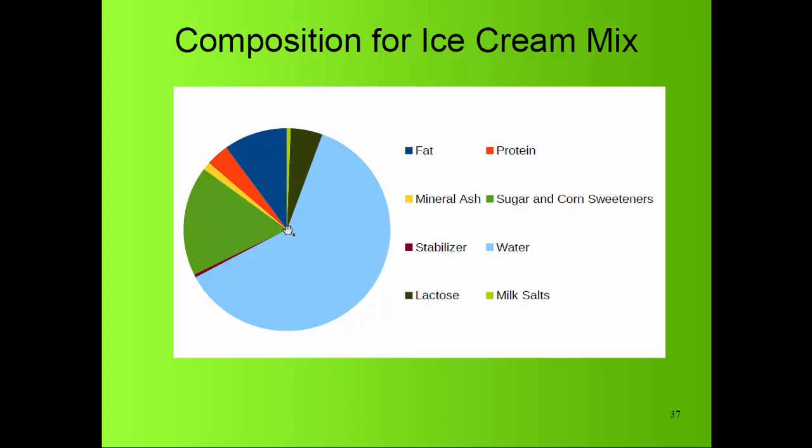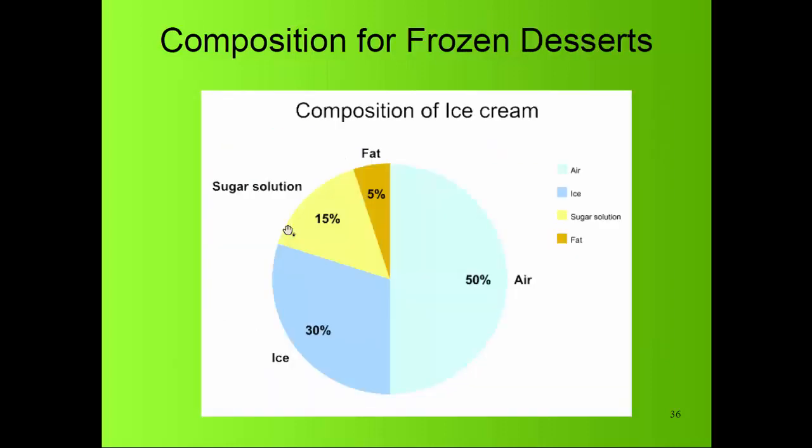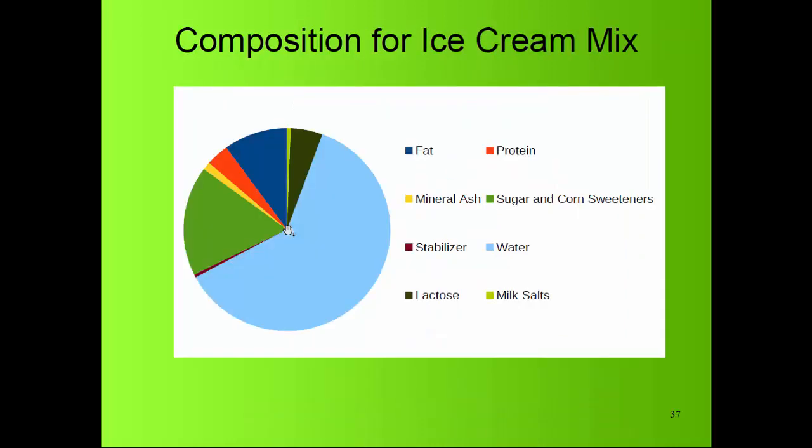And there's also a tiny bit of milk salts and also lactose. So this is the composition of ice cream, and this is the composition of the ice cream mix. Everything's there but the air.